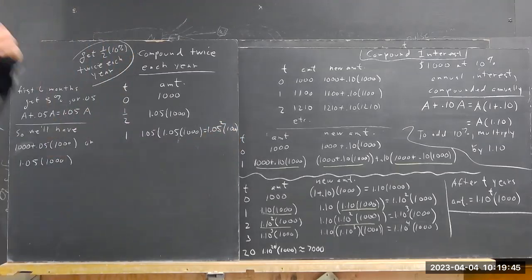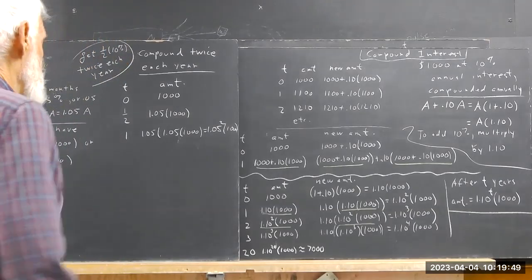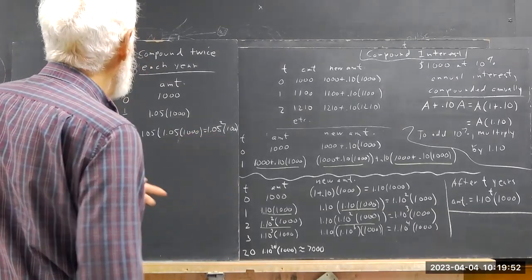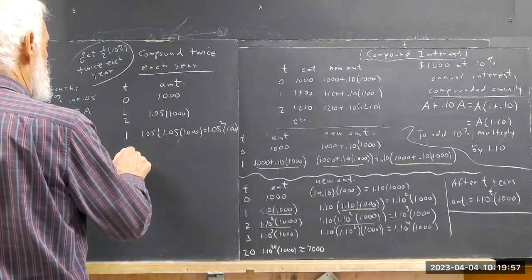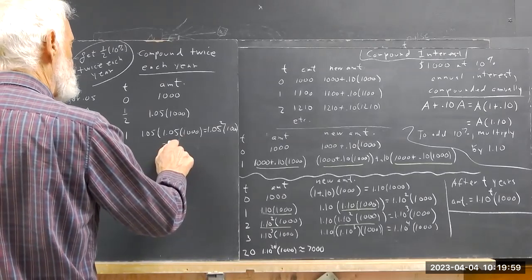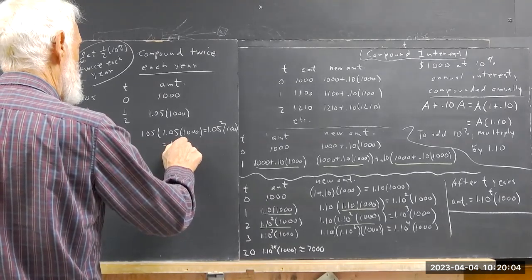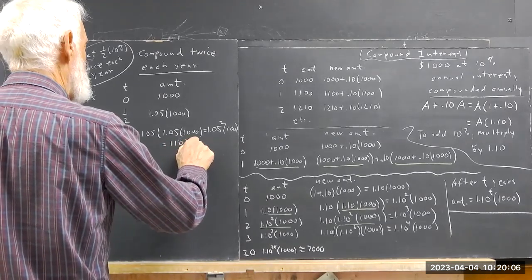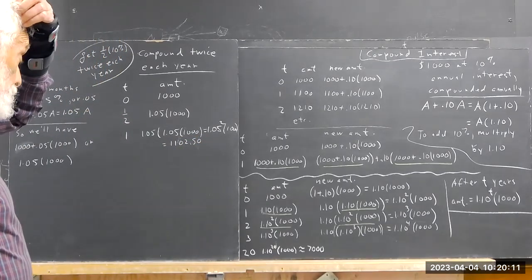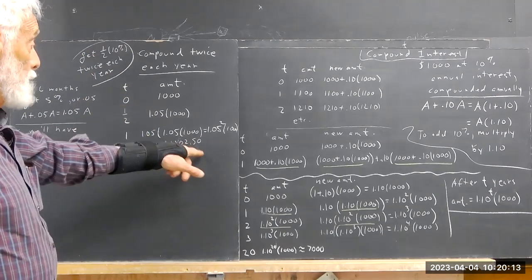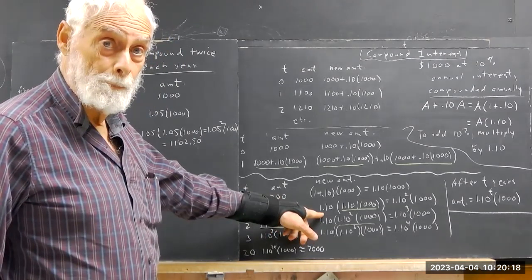Now, if you take your calculator and do 1.05 squared, you're not going to get 1.10. I think you're going to get an extra $2.50 over what you would have had after the first year here.